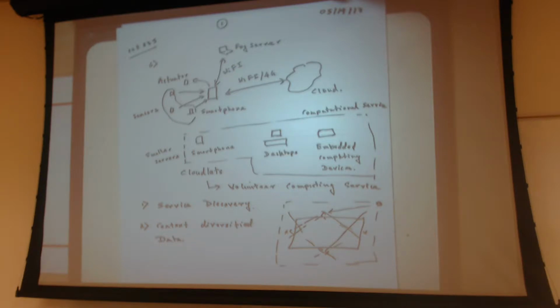Right? So the volunteer might randomly choose to get out of the system, randomly choose to stop the computation. So reliability of execution, right? Reliable execution is a big problem.